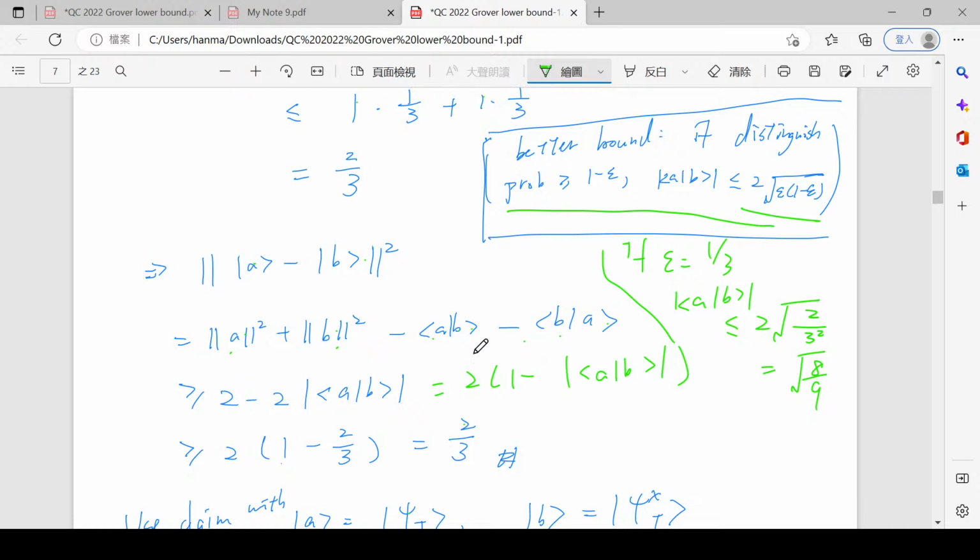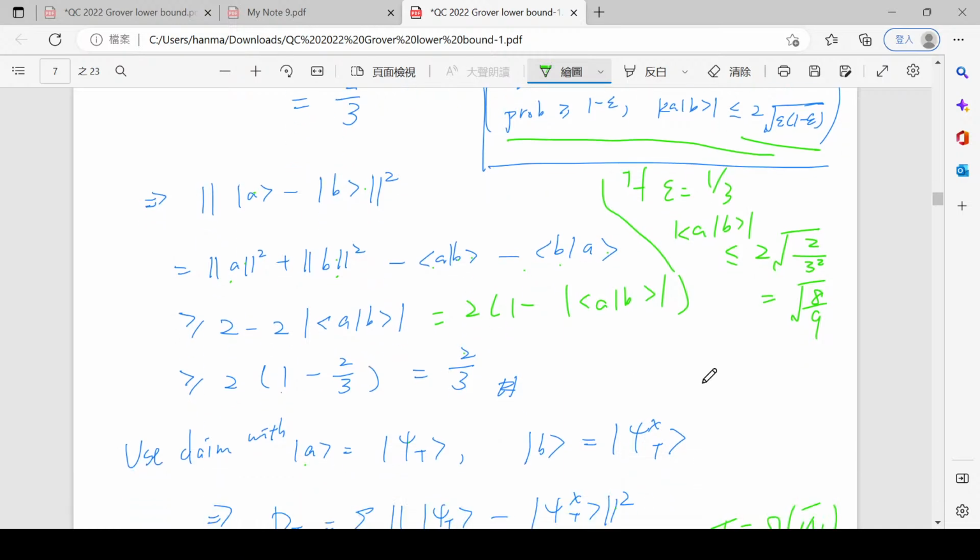Then we can run this in parallel. We can have B squared bigger than 2 times y minus square root of A over 9. Okay, it's some number c. It's some number that's bigger than 1.